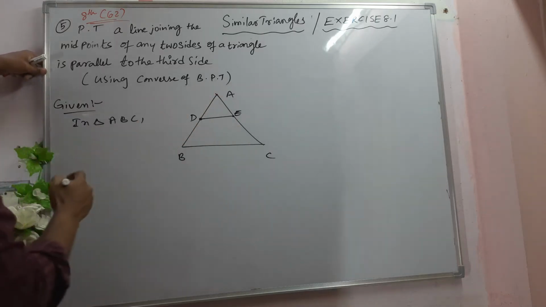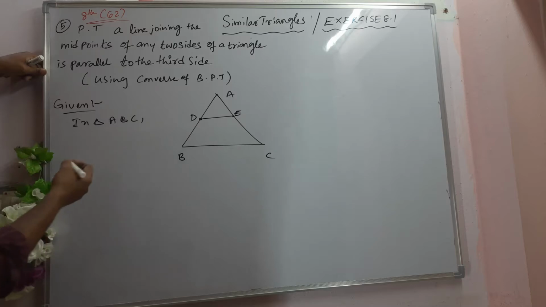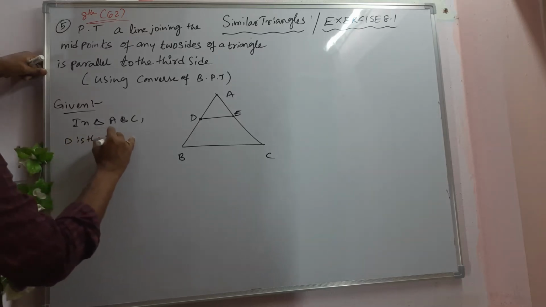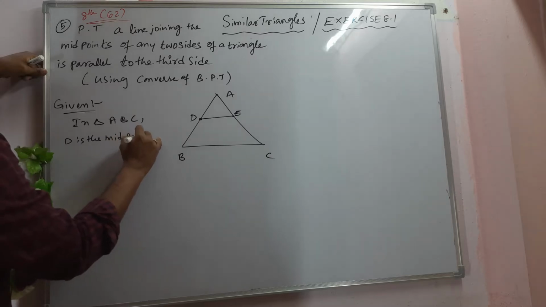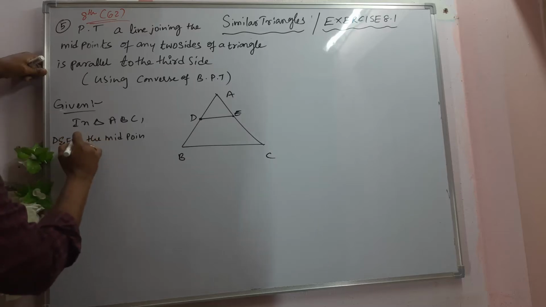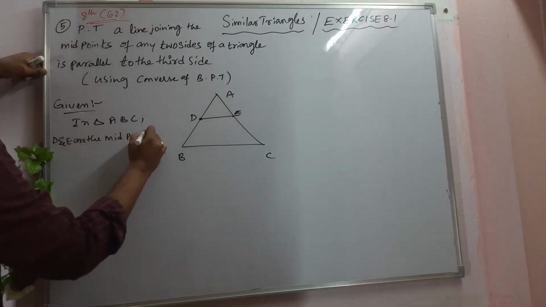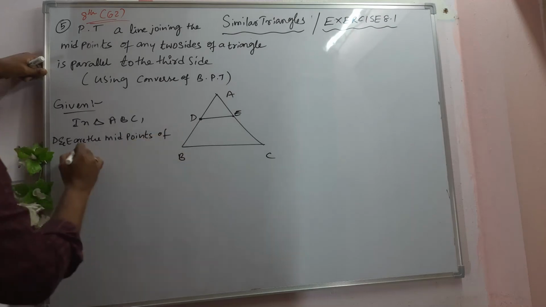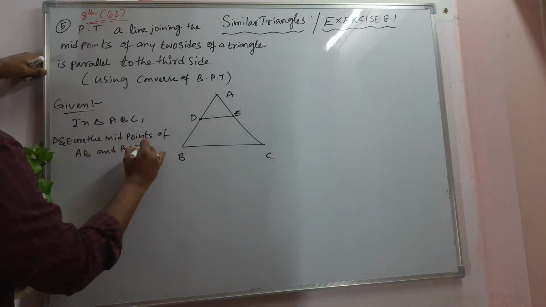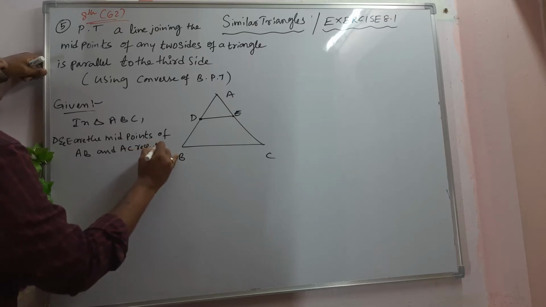In triangle ABC, what? D is the midpoint. D and E, I will write. D and E are the midpoints of AB and AC respectively.